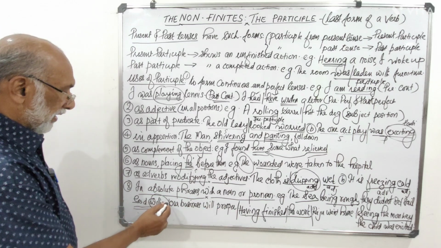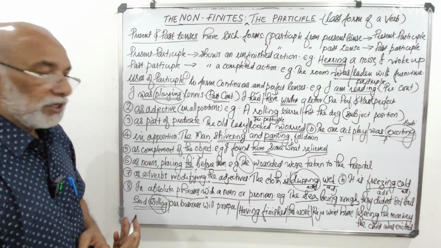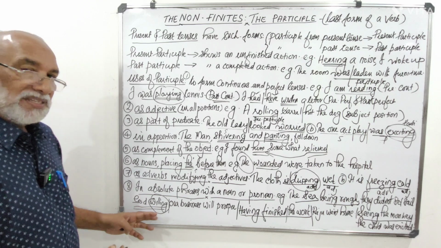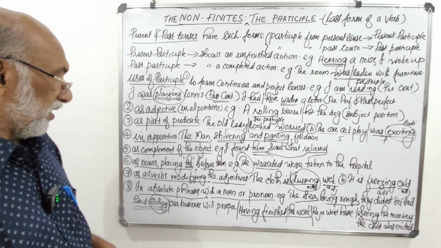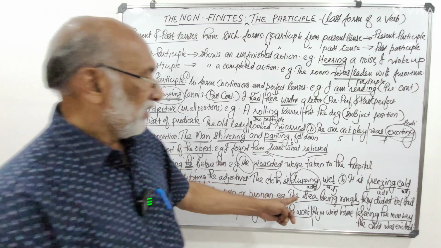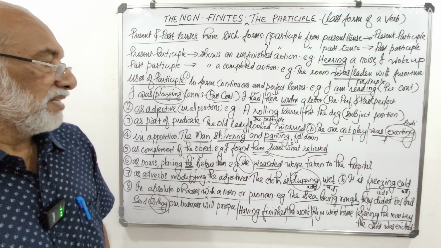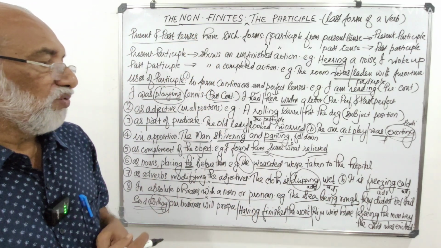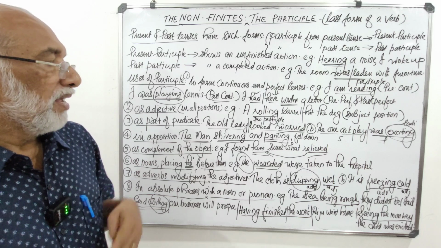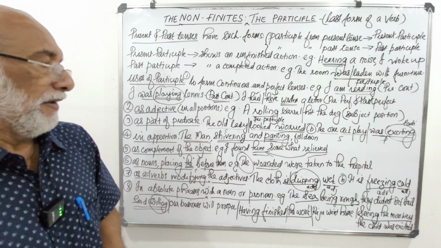That means God willing is expanded into a subordinate clause. This absolute phrase is expanded into a subordinate clause. Here the first one, the sea being rough, they did not set sail. That means as the sea was rough, they did not set sail.